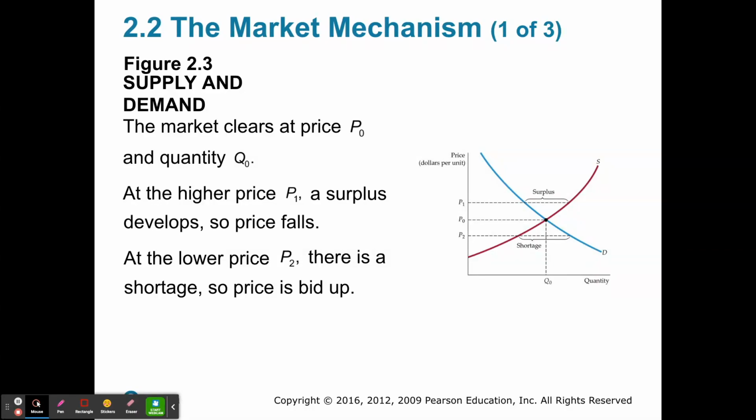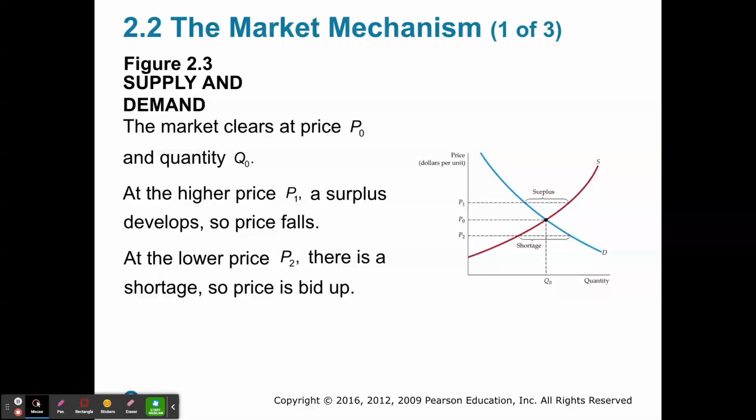And the beauty of a market is that the price is set in this case at P0, ensuring that we really don't have too many surpluses and shortages, that the market basically sorts things out appropriately.